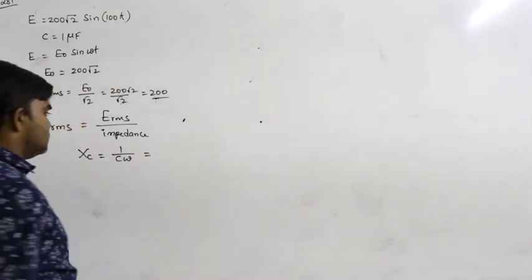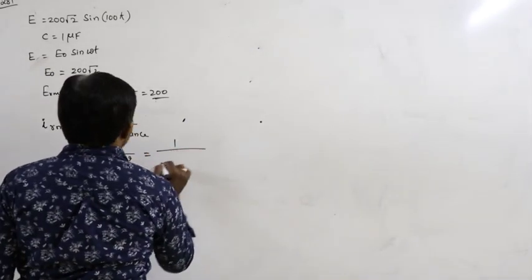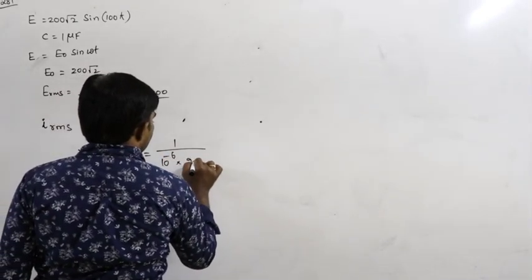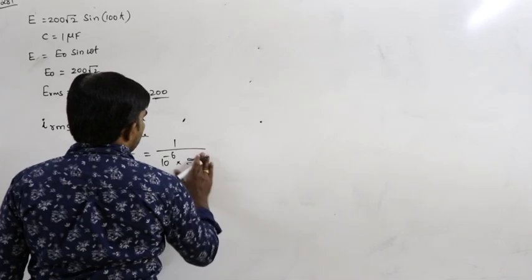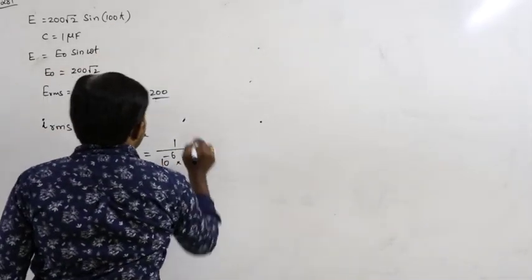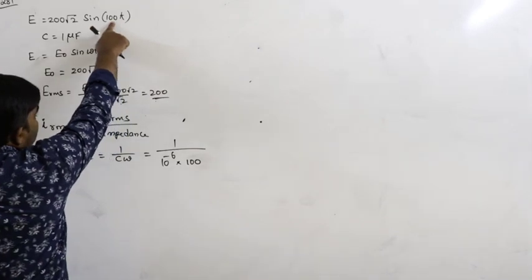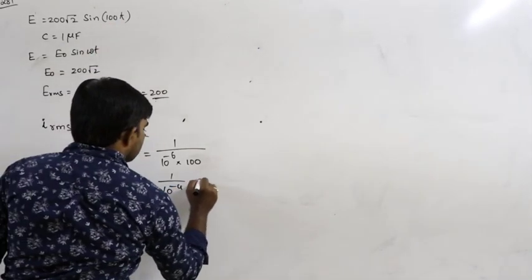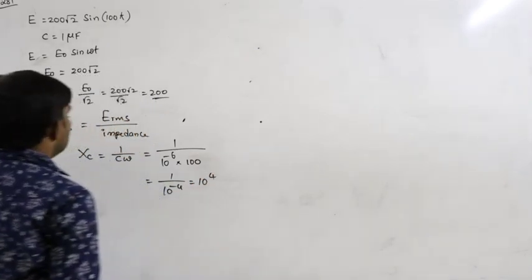So 1 by C, where C is 1 microfarad, that means 10 to the power of minus 6. What is omega here? It is sin omega t, then omega value is 100. So that is 1 by 10 power minus 4, that is equals to 10 power 4 ohms.